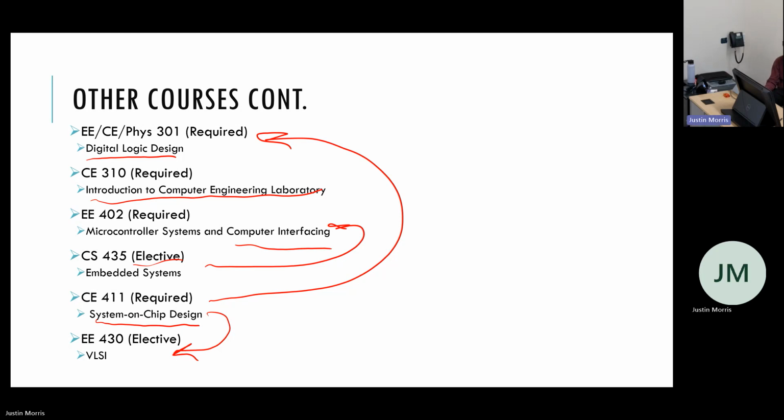So the VLSI course will teach you more about transistor sizing and the importance of buffers, how many different stages your circuits should have, because counterintuitively, sometimes adding a buffer and making your stages longer is faster. So you'll learn more about that in VLSI design.